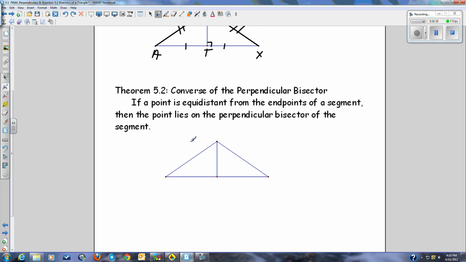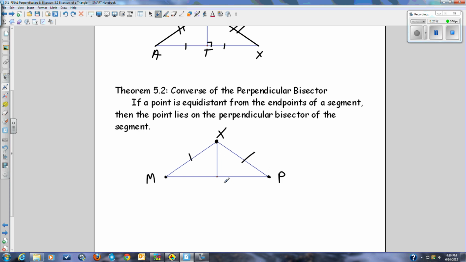Next one. Theorem 5.2 is the converse of the perpendicular bisector. It says if a point is equidistant from the endpoints of a segment, so here you have this point, let's call it X. It's equidistant from these two points, M and P, so it's the same distance.